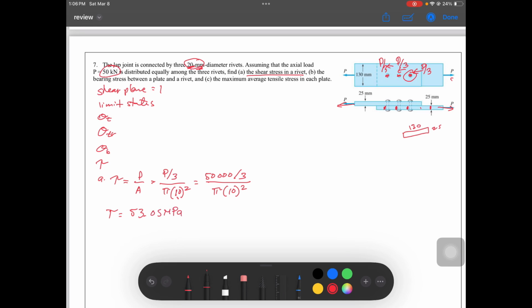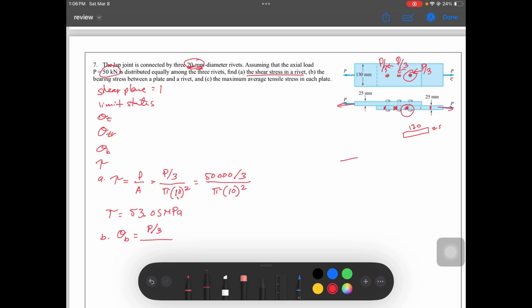Then next, pinapahanap niyo yung bearing stress between the plate and the rivet. So, dito nagbe-bear. And the same, kukuha lang ako ng isa na i-checkan. Letter B, so, bearing stress tayo na. So, what is my actual? P over 3 over, ano ang bearing area?